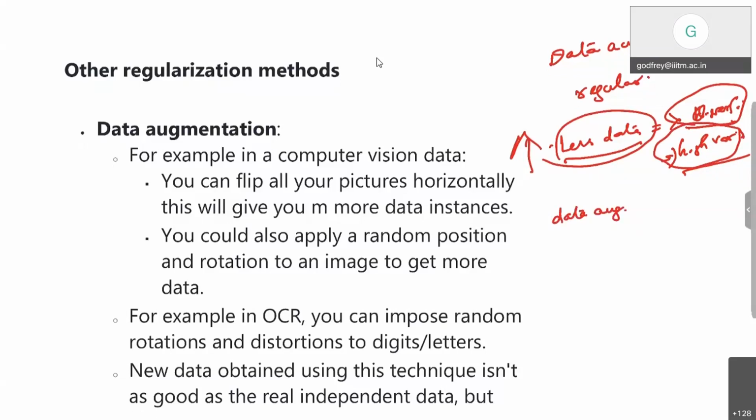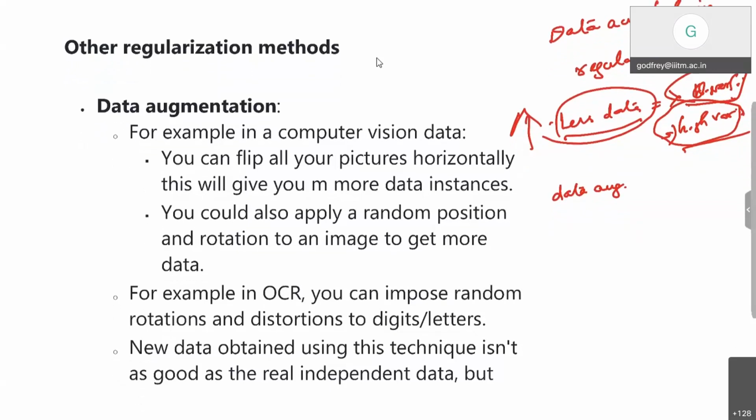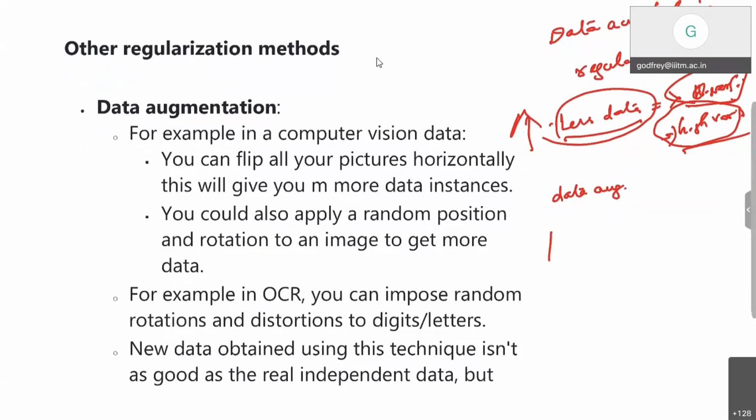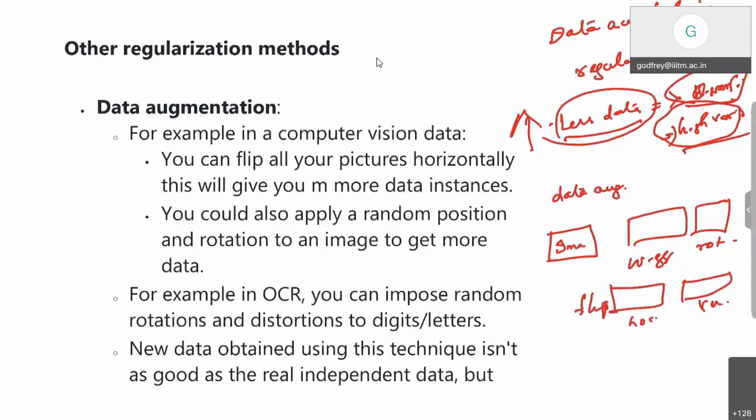So with data augmentation, you have an image, then you try to wiggle it, rotate it, flip it, maybe horizontal flipping, maybe vertical flipping, maybe zoom it, and so on.